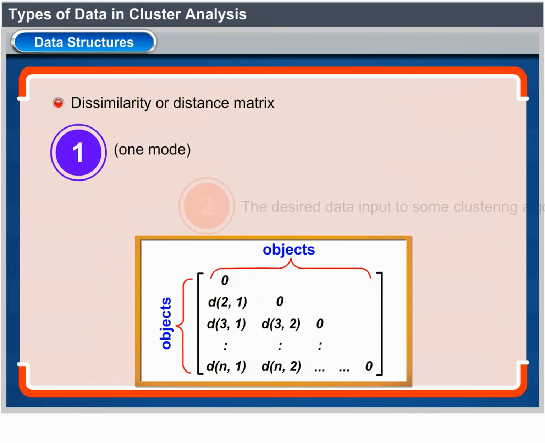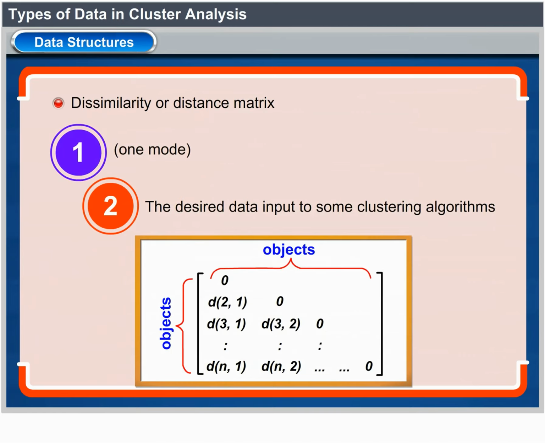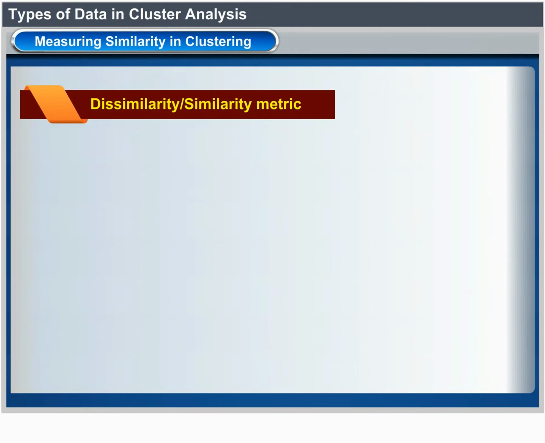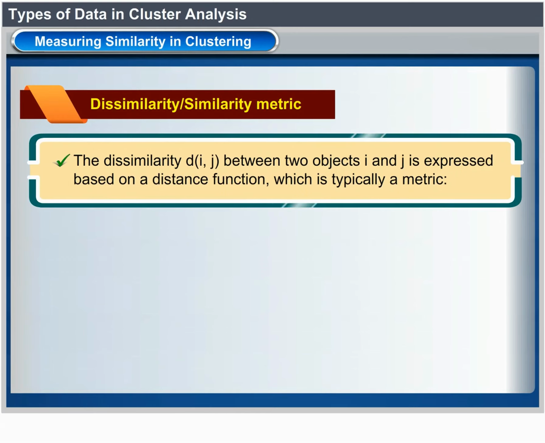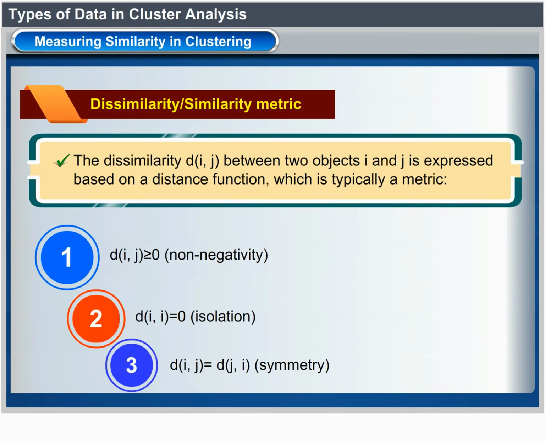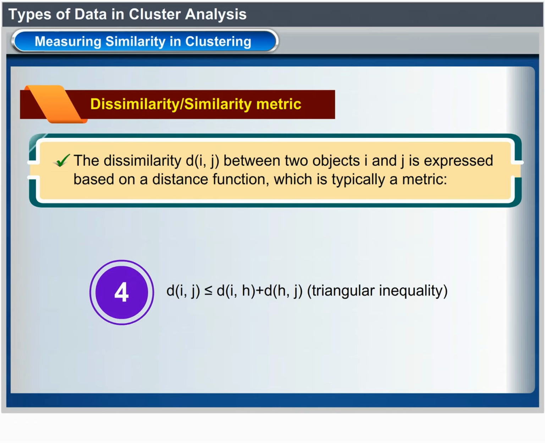Measuring similarity in clustering. Dissimilarity or similarity metric. The dissimilarity d(i,j) between two objects i and j is expressed in terms of a distance function, which is typically a metric. d(i,j) is greater than or equal to 0, non-negativity. d(i,i) is 0, identity. d(i,j) equals d(j,i), symmetry. d(i,j) is less than or equal to d(i,h) plus d(h,j), triangular inequality.